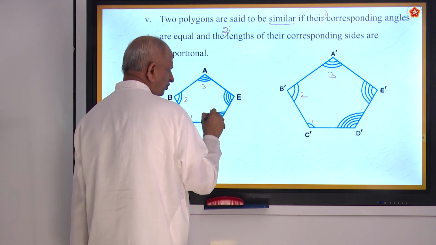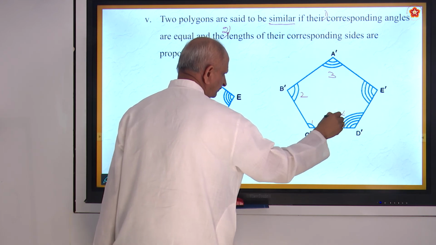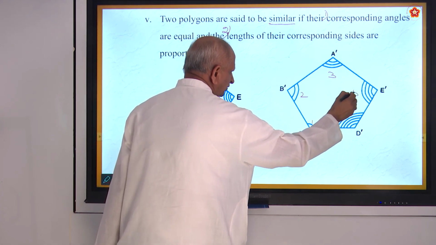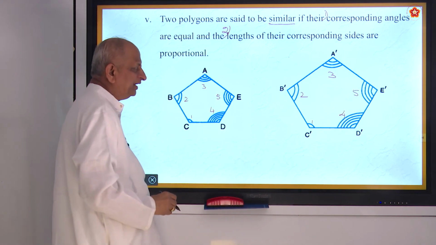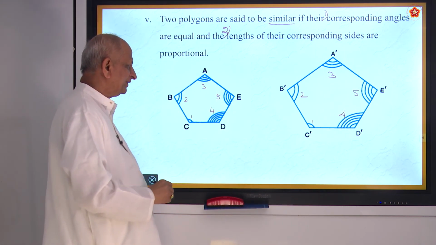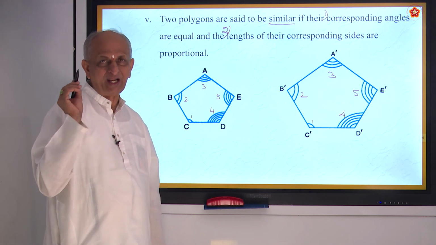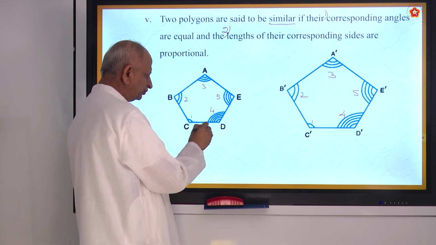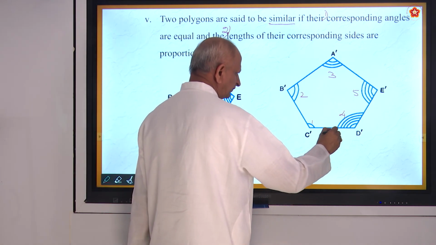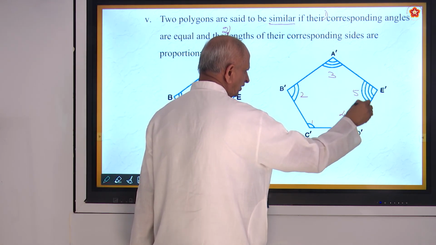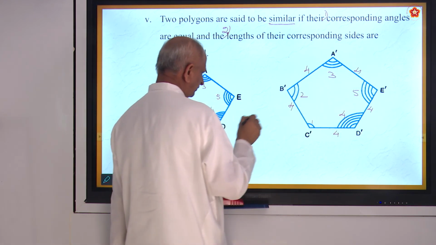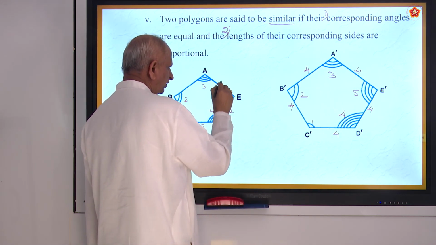D is equal to D dash. E is equal to E dash. So corresponding angles are equal and sides are proportional. Means what? Here if suppose you say this is 2 centimeters, this is 4. So all these are 4 centimeters. Let us suppose. So then all these are 2.